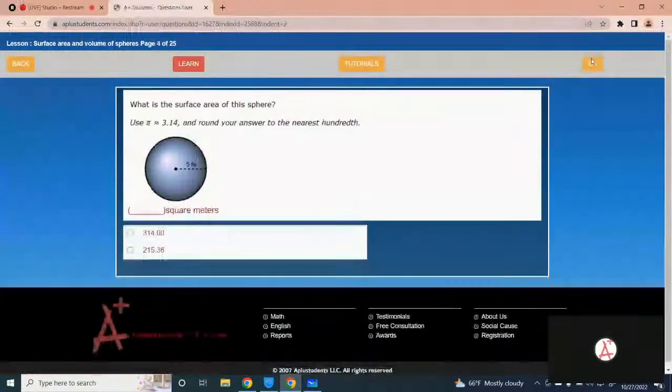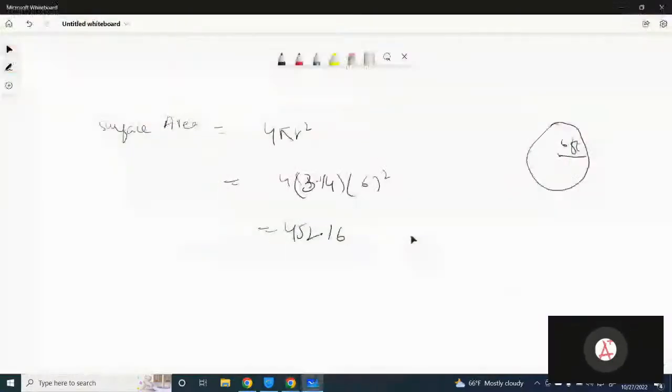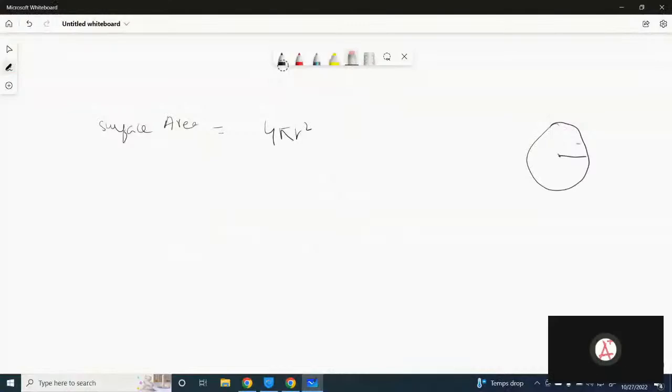Okay, the next one is what is the surface area of the sphere if the radius is 5 meter. So just use the formula.